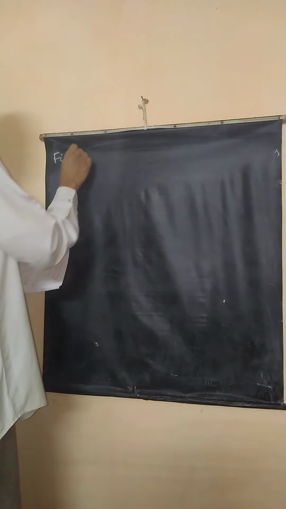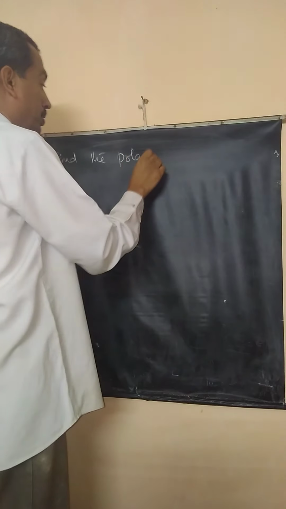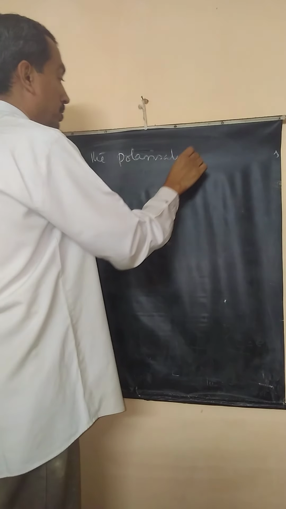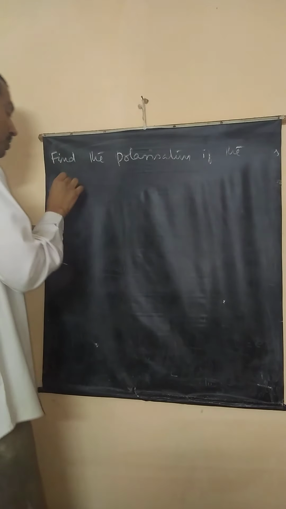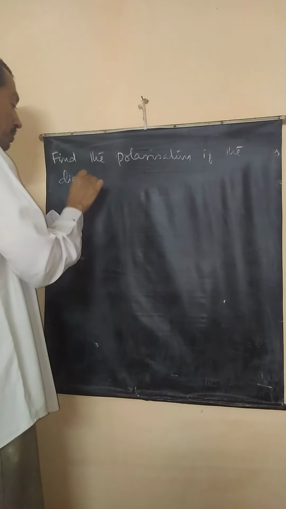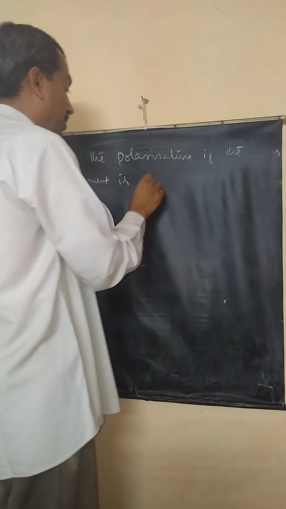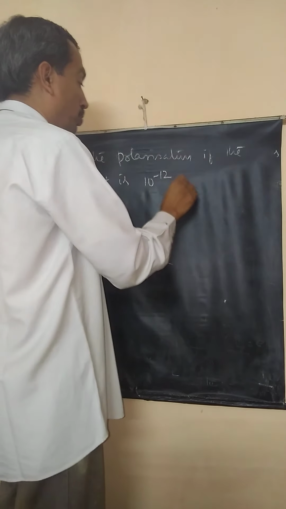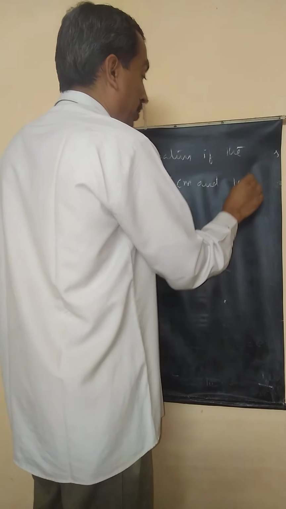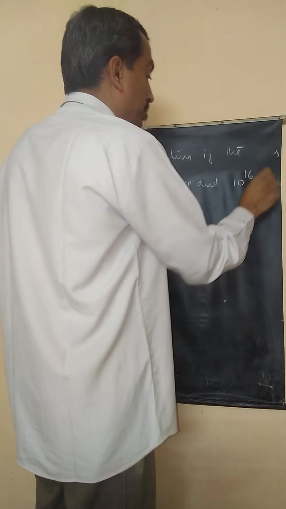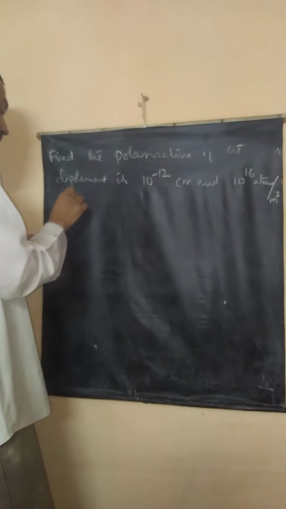Find the polarization if the dipole moment is 10 power minus 12 coulomb meter and 10 power 16 atoms per meter cube are present.